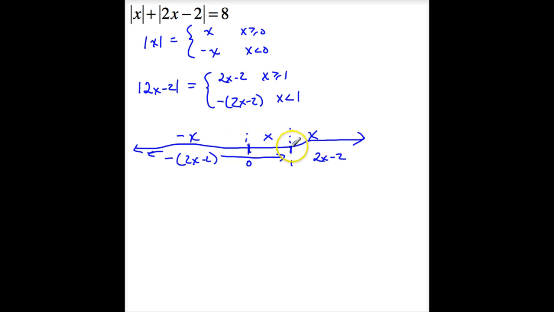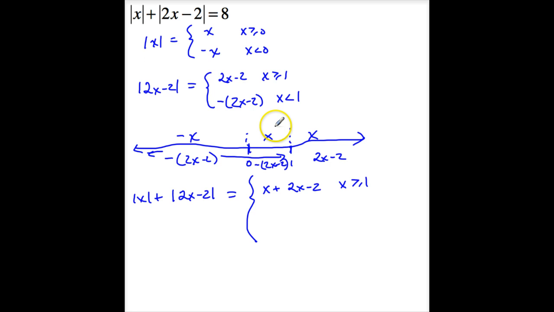You see, I have three different segments I need to work with. So the absolute value of x plus the absolute value of 2x minus 2 is equal to, and this is going to have three branches. It's equal to x plus 2x minus 2 for all x greater than or equal to 1. Now between 0 and 1, and it's probably better if I write this, minus 2x minus 2. In class, we use a lot of arrows.